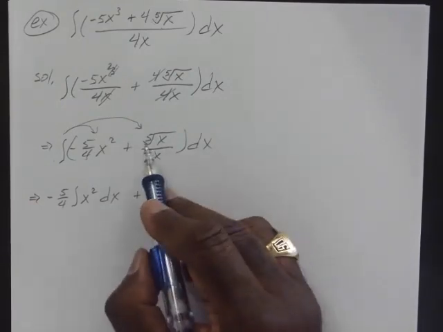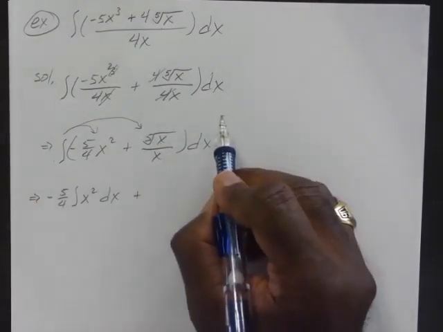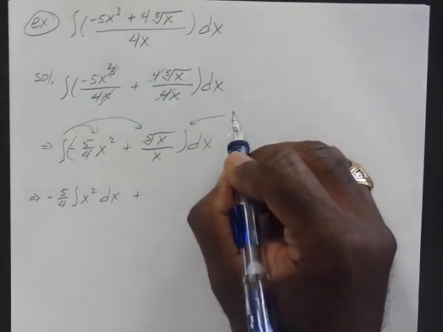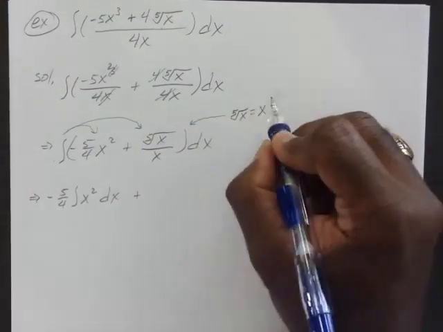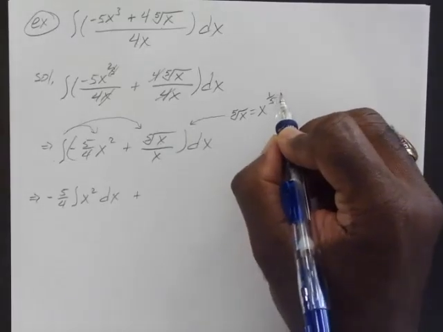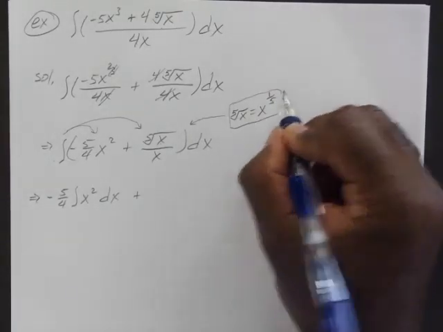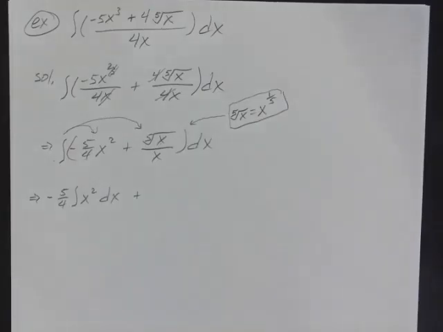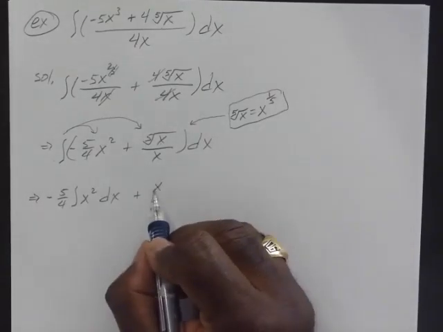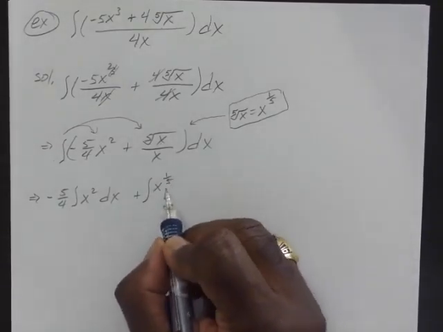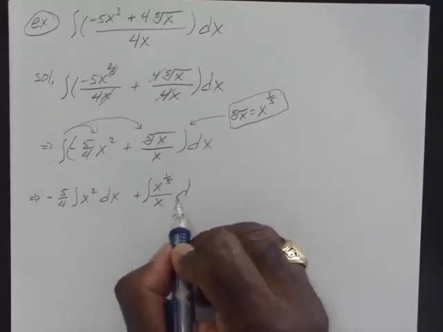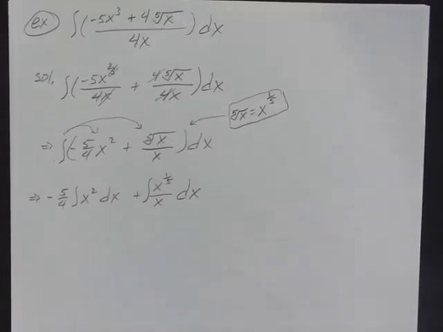Plus that fifth root of x, we could rewrite that. That fifth root of x, we can write as x to the 1/5 power. So plus the integral of x to the 1/5 power divided by x with respect to x.